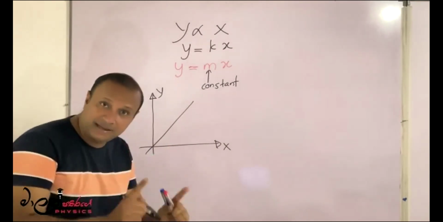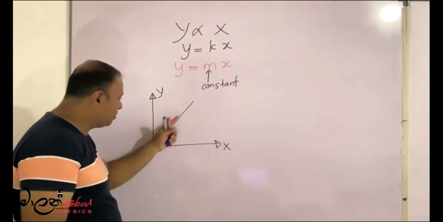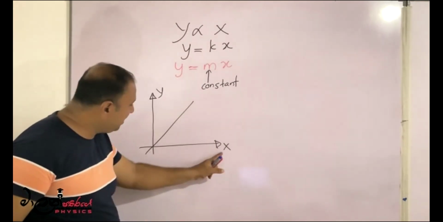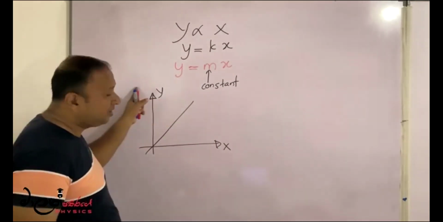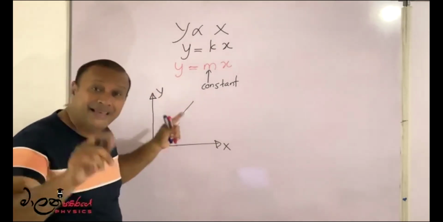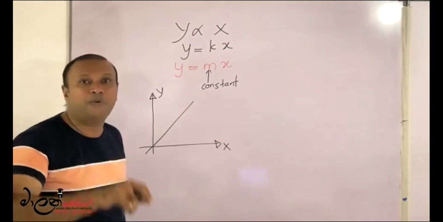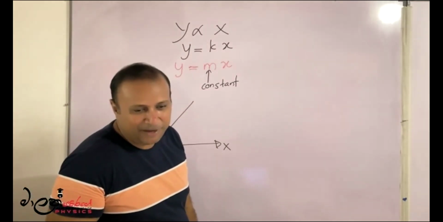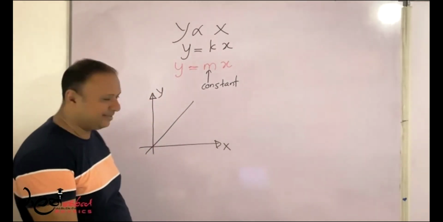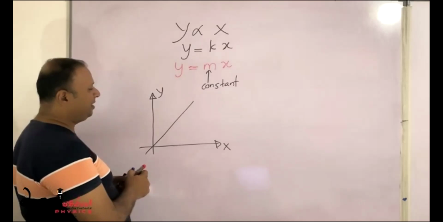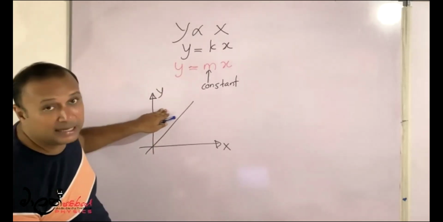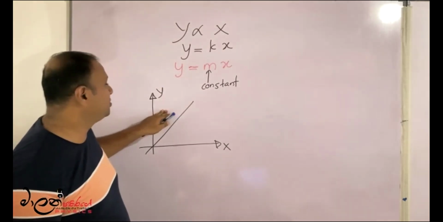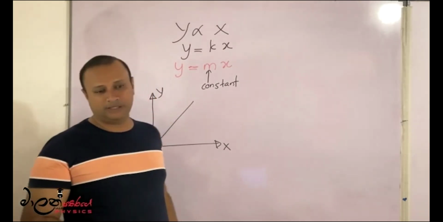So if there is a graph that goes through the origin, that means these two variables are directly proportional. That is the graphical representation of two directly proportional variables.